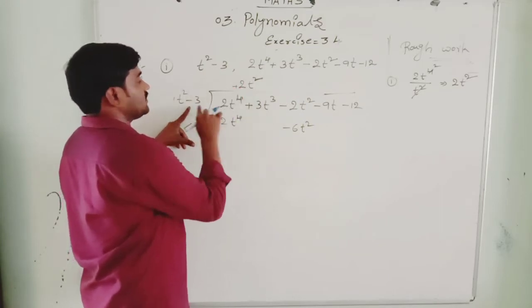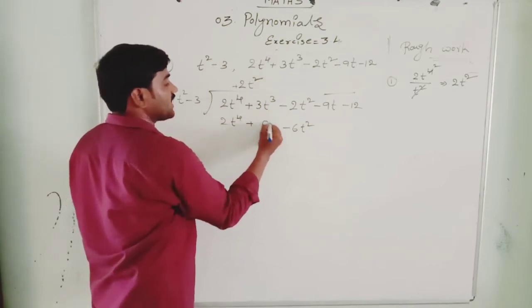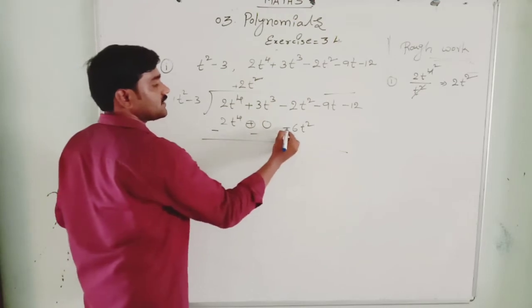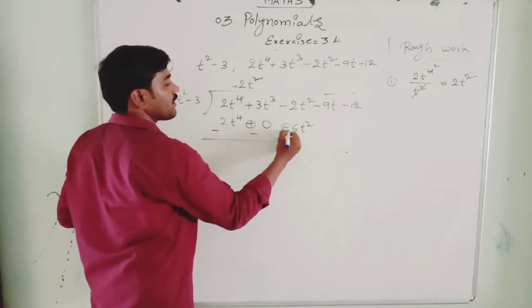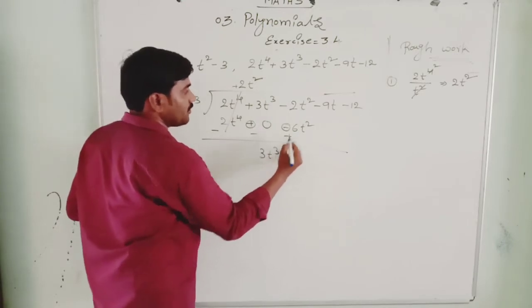Minus into plus is minus, 6t square. There is no t cube, so we will put it like a 0, no problem. Now the signs change, we cancel this and put 3t cube.